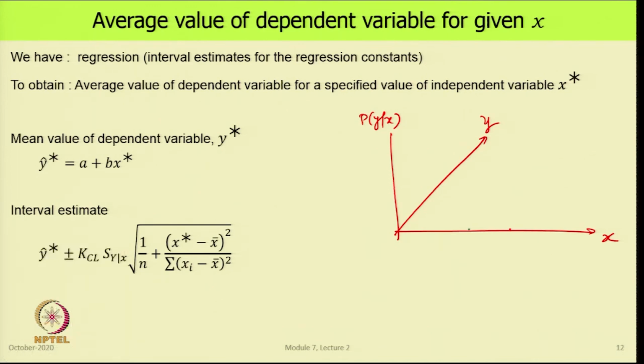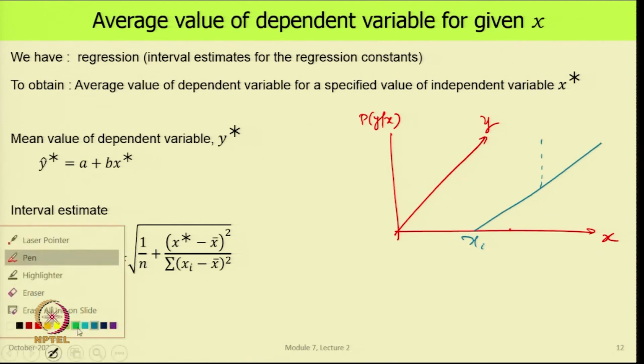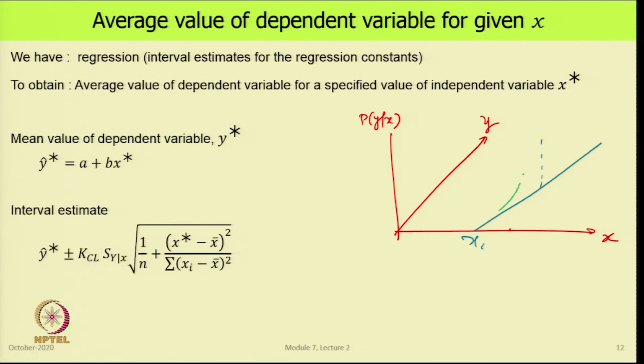So, I will just try to quickly make it here. So, this is what we have, xi, and we said that over here we had a distribution of y values. This was our mean value of y.